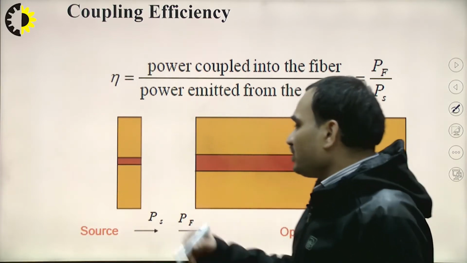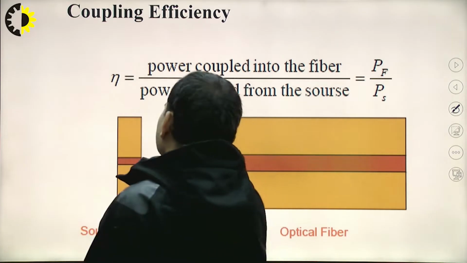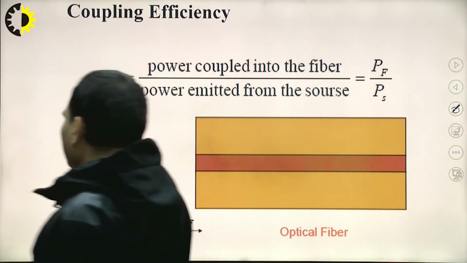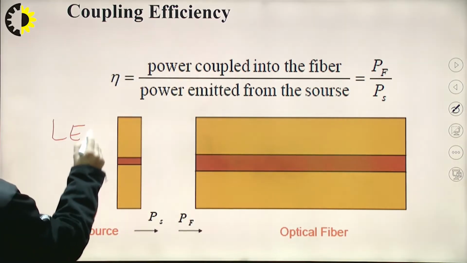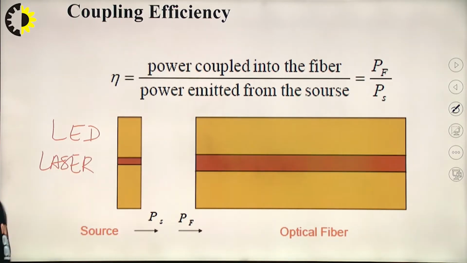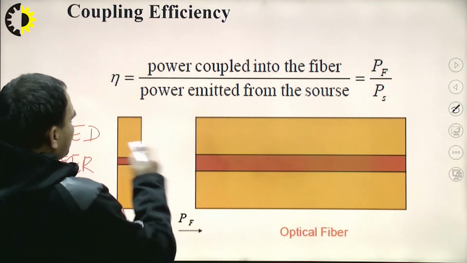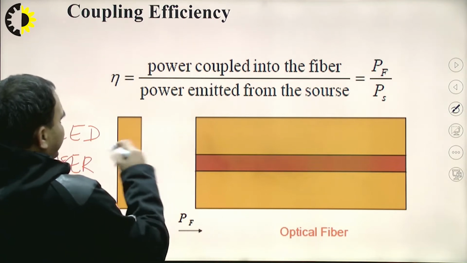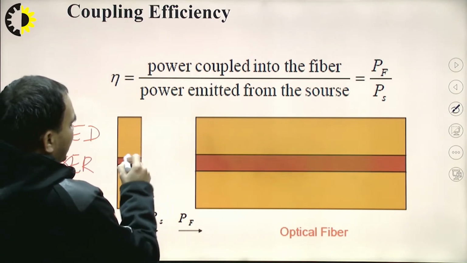The photons or the light generated by the optical source, whether it is an LED or a laser, whatever source we are using, it generates the light.